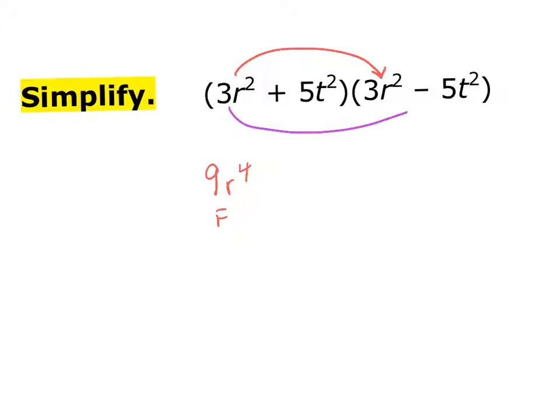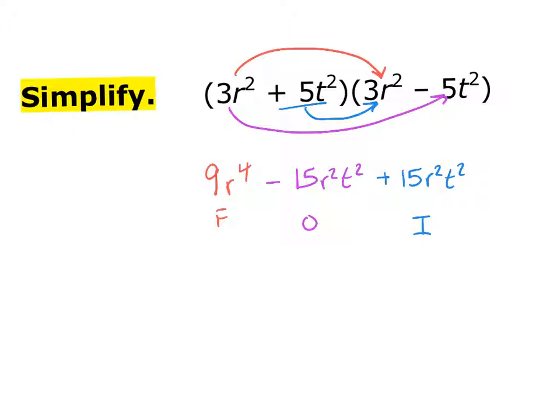The outer terms would be negative 15 r squared t squared. The inner terms would give you positive 15 r squared t squared. It could be t squared r squared or r squared t squared, but remember standard form is alphabetical order.